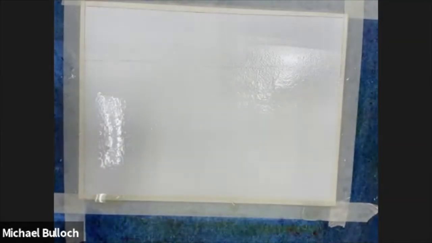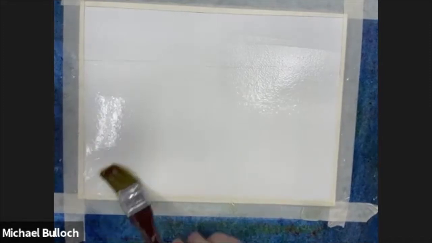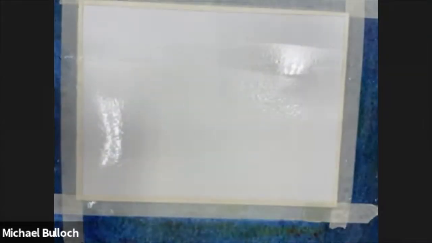So that's pretty wet. You can see I've got some nice puddles on there. Push that up, and I even wet it a little further past where my line is. And I'm going to use a little peacock blue. I like to start with peacock blue.